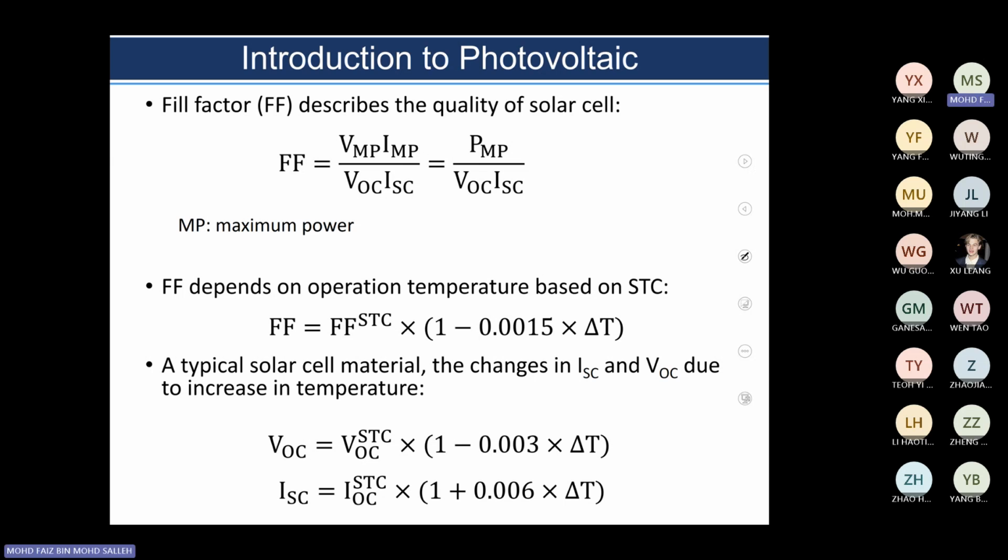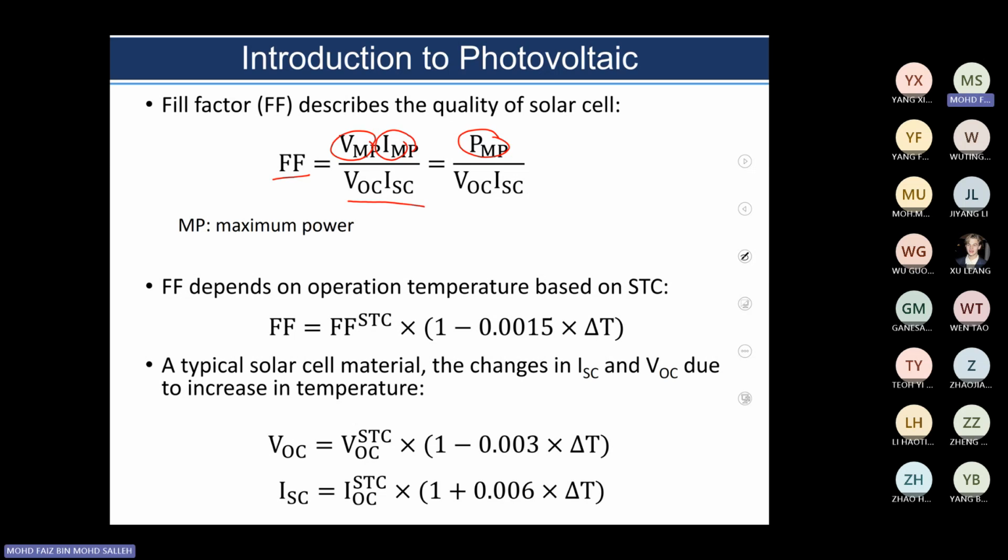In the last slide, I showed you a table that states the fill factor. So what is the fill factor? FF. FF is the ratio between the maximum power, equal to maximum voltage multiplied by maximum current, divided by open circuit voltage times short circuit current.